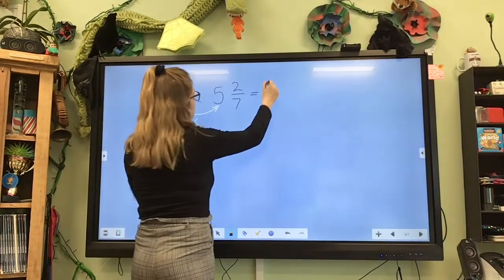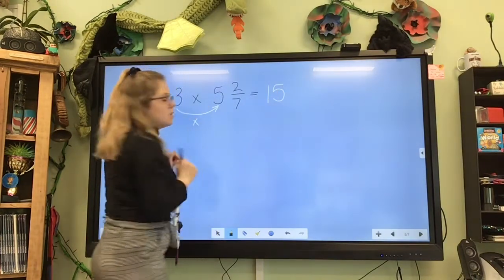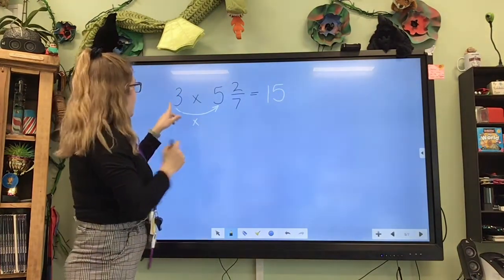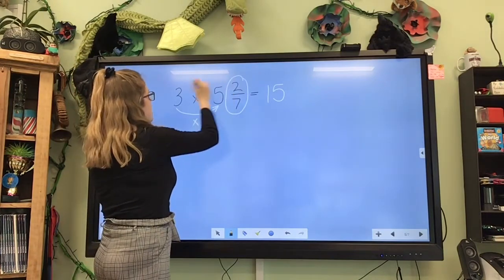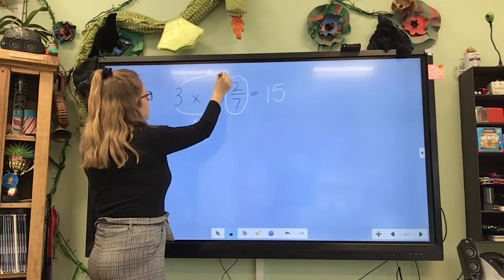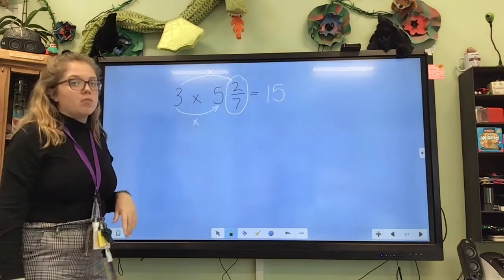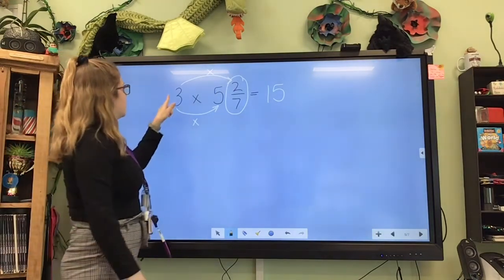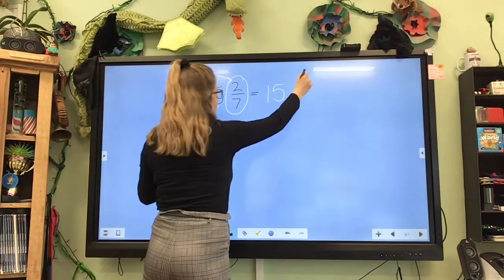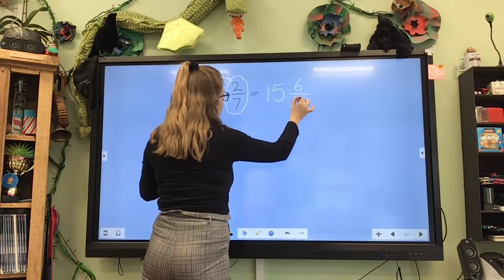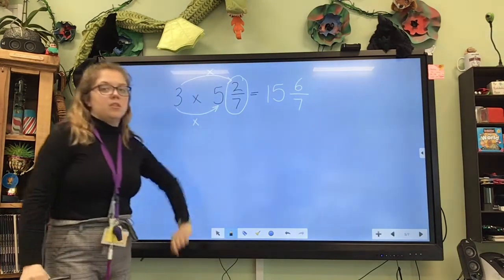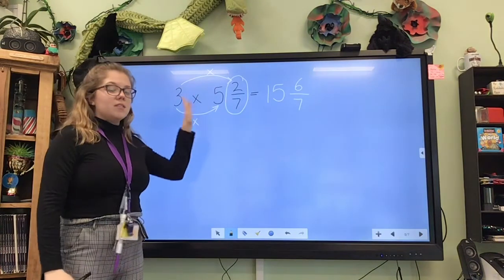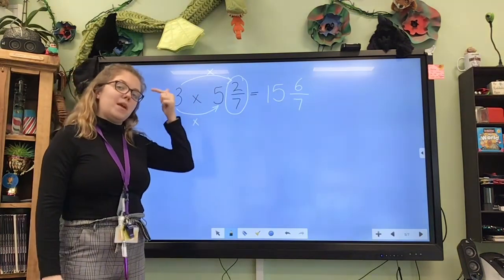So 3 times 5 tells me there are 15 wholes. And now I'm doing 3 multiplied by 2/7. So I'm going to think 3 times 2 is 6. That gives me my numerator, and 7 is still the denominator. Exactly the same process, I'm just doing it more mentally in my head.